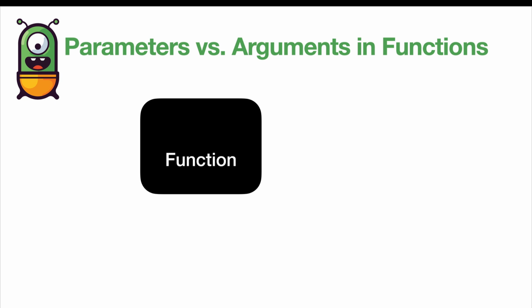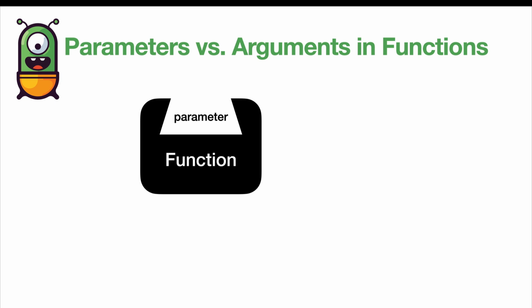If we have a function, a very simple function even, if it has a parameter, a parameter is a place for you to plug in a value that the function needs in order to execute its work.